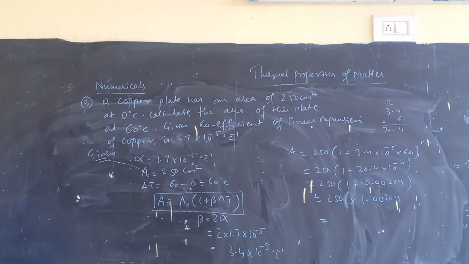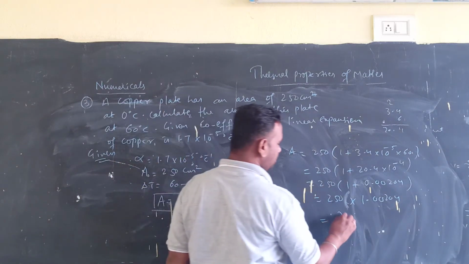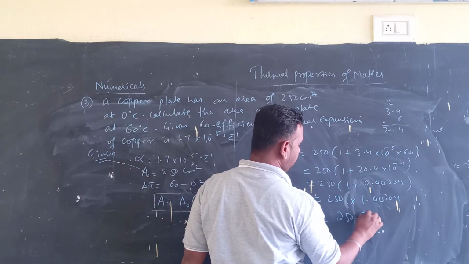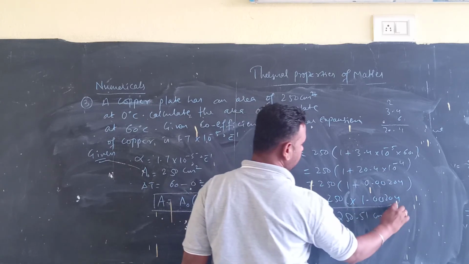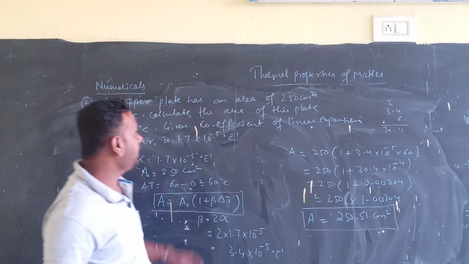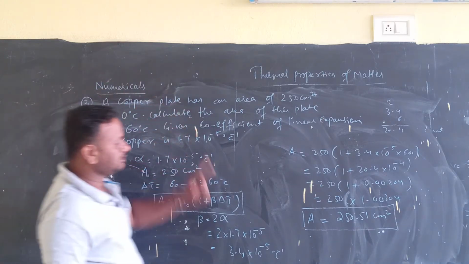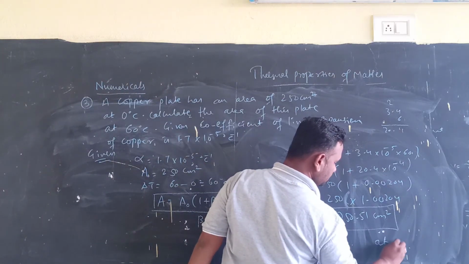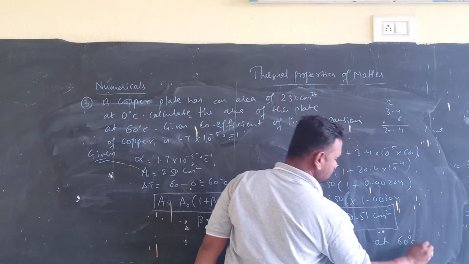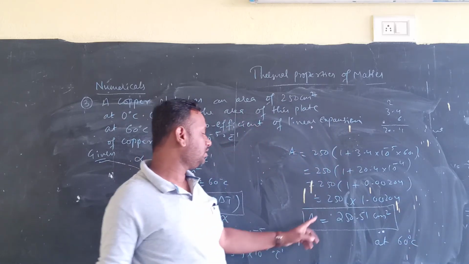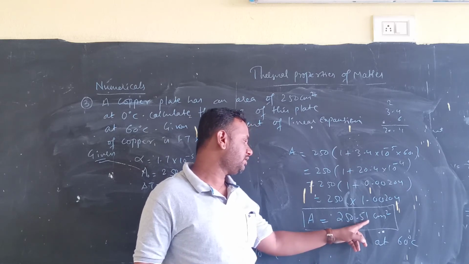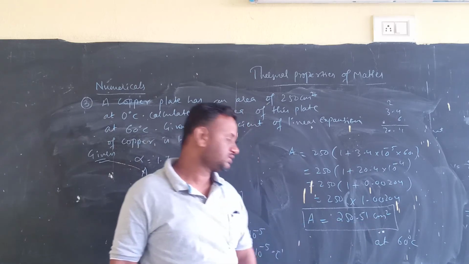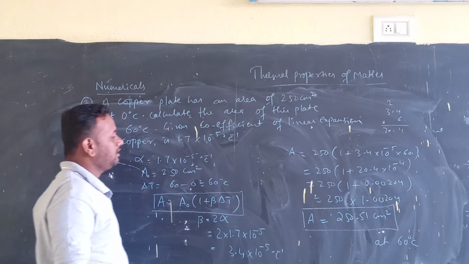After multiplication you will be getting 250.51 centimeter square as the area of this plate at 60 degrees Celsius. The area of the plate at 60 degrees Celsius is 250.51 centimeter square. This is the required answer.